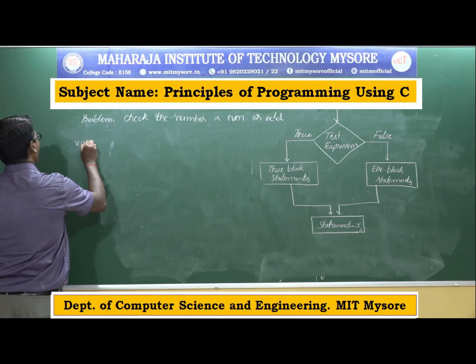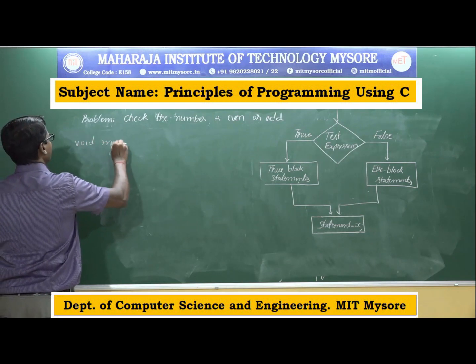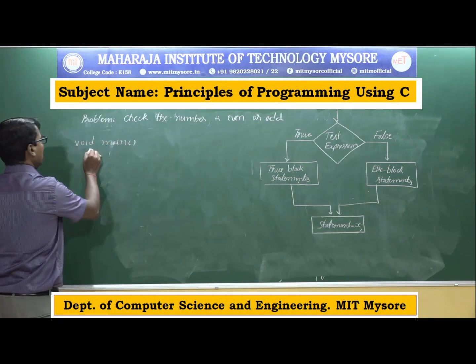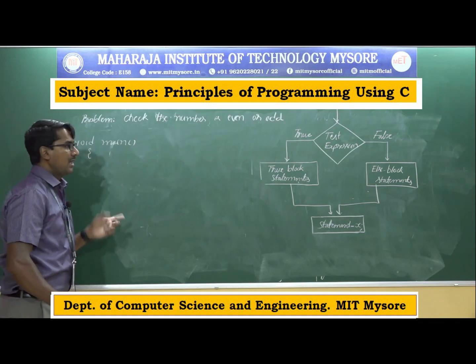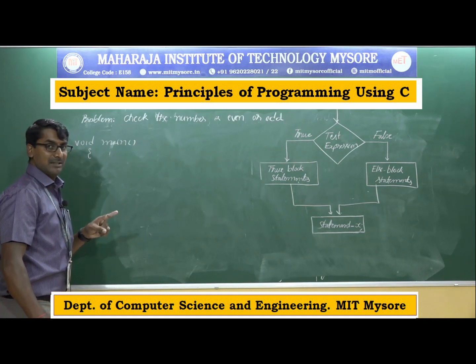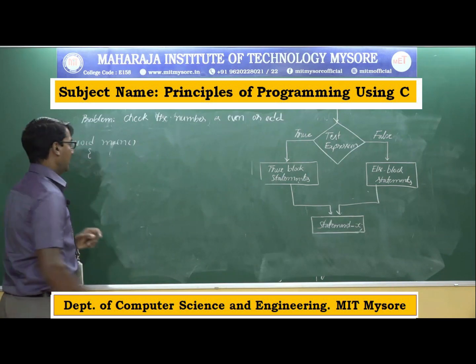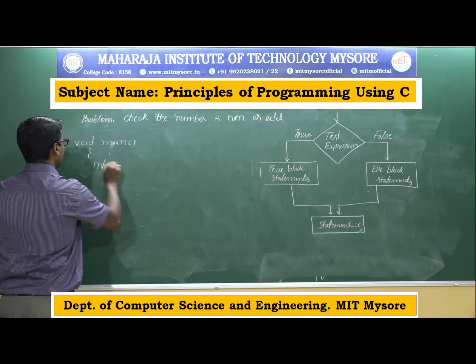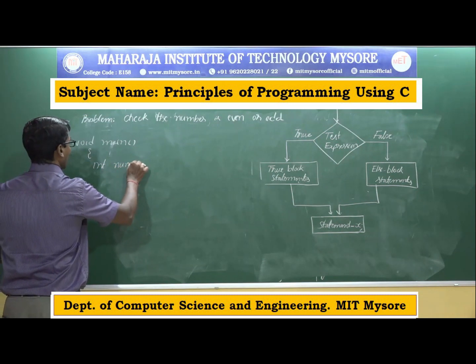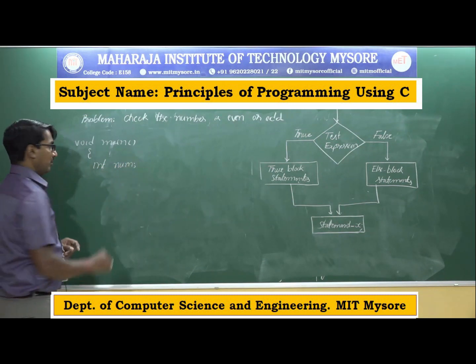So, void main. Input is one number and output is the statement saying that the number is even number or odd number. So, int num is the input.